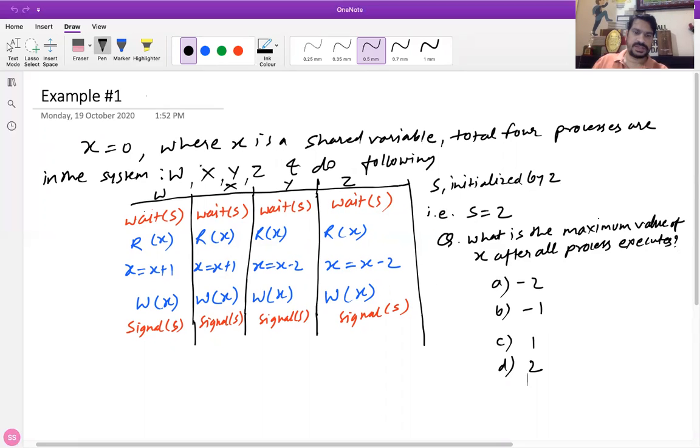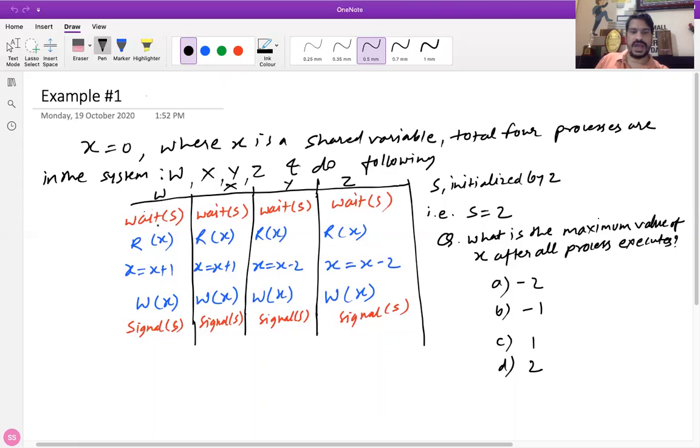All these processes W, X, Y, and Z have the shared variable x. It means that they have some critical section, and in this critical section they are updating the value of x, or writing something to x.